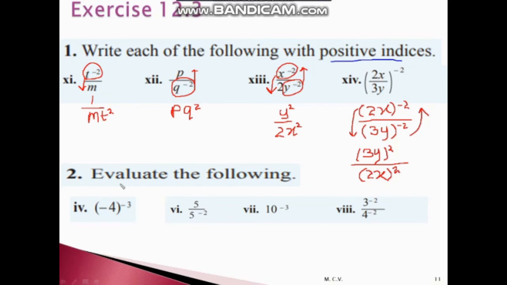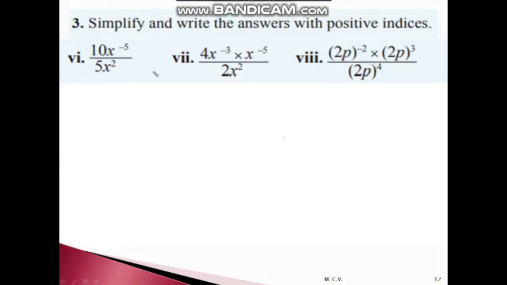Now let's move to the next problem. Simplify and write the answers with positive indices. 10 x to the power minus 5 over 5 x to the power 2. X to the power minus 5 can be taken to the bottom. Then 2, already x to the power 2 is there, and x to the power plus 5.